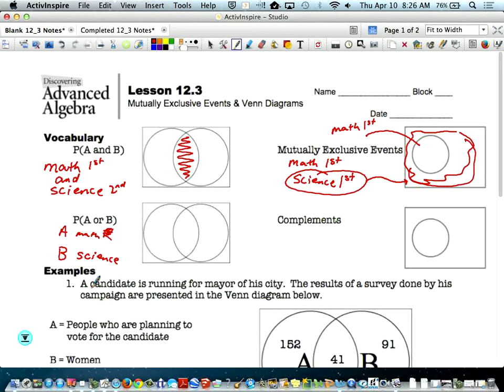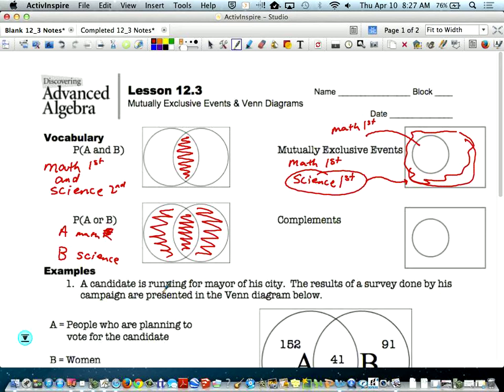So how many students took math or science at Hopkins High School? What is A or B represented by in the Venn diagram? There are some students that took both this year, some students only took math this year, some students only took science this year. But collectively, it's everything inside the circles.